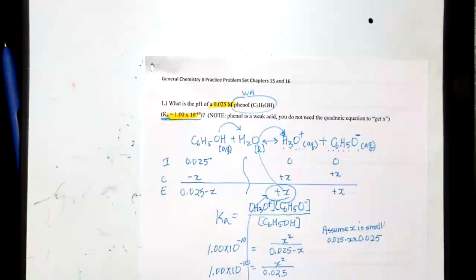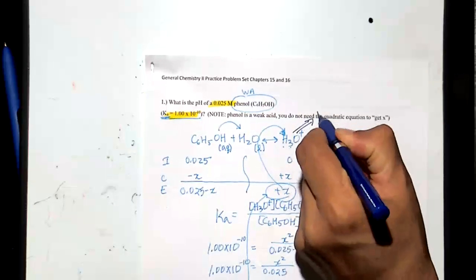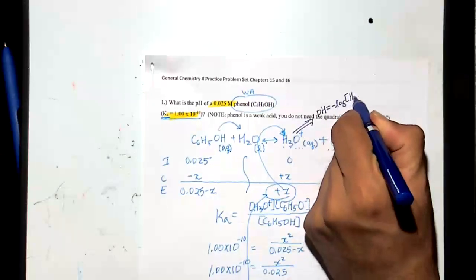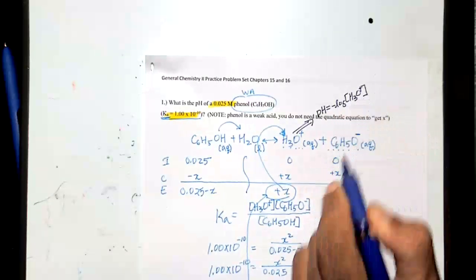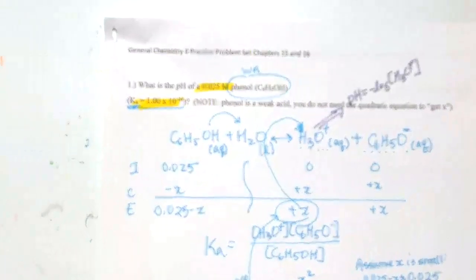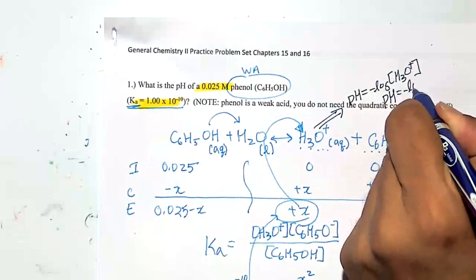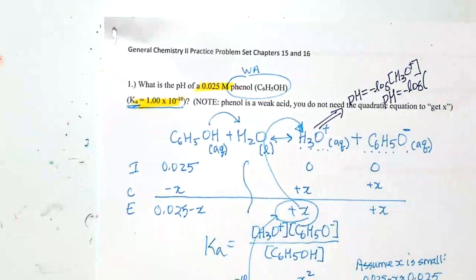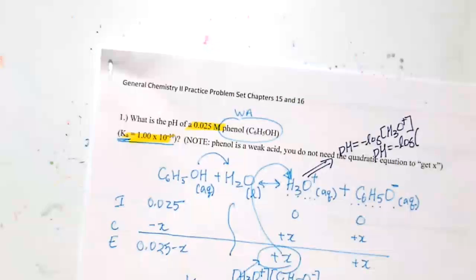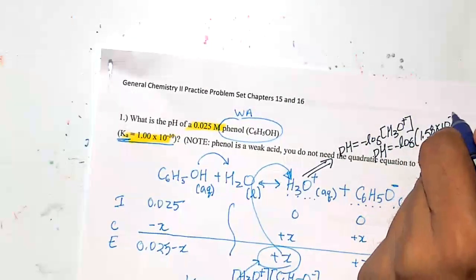So we can do pH is equal to minus the log of the H3O plus concentration. This is our definition of pH. pH is minus the log of our x, which is 1.58 times 10 to the minus 6.